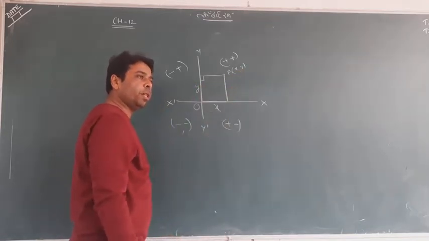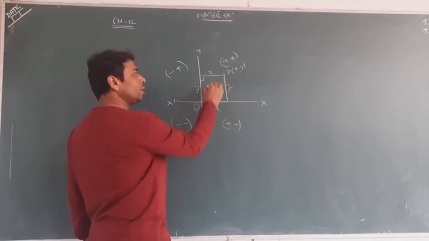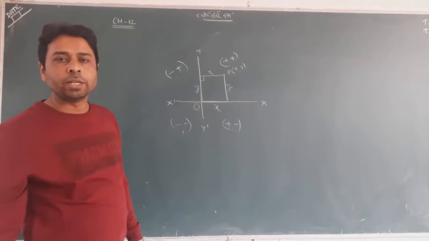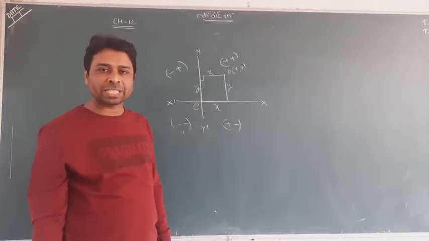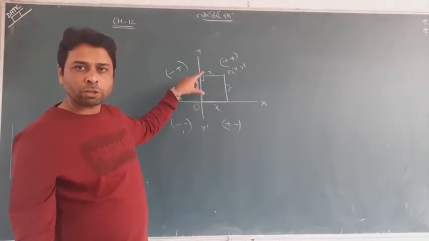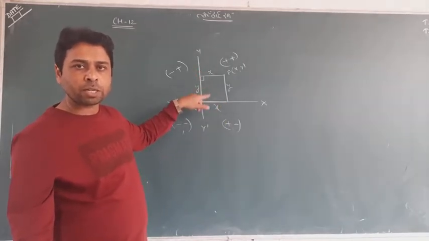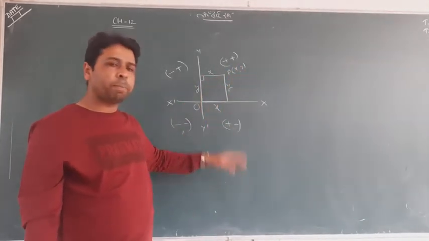So when we draw a perpendicular on the x-axis, the intercept on the x-axis is x, and on the y-axis the intercept is the y coordinate. This is a very simple scenario.